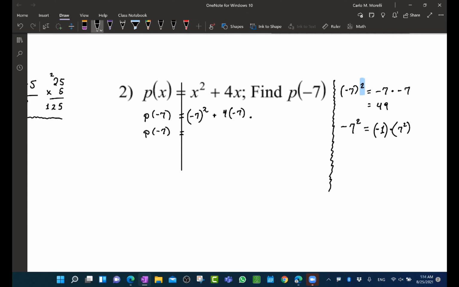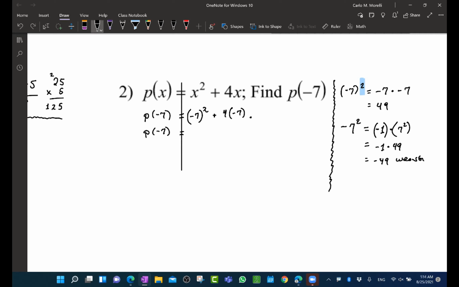That's what you're saying if you don't put the negative 7 in parentheses. So now you've got negative 1 times 49, and you'll get the answer negative 49. And we know that that's wrong, right? Because we know that when we square a number, it has to be positive. And sometimes we get lazy and we just don't put it in parentheses like we should.